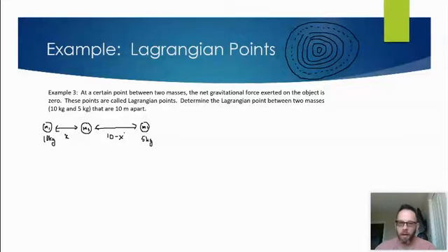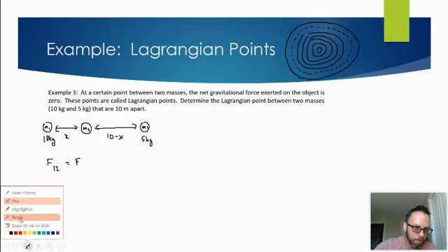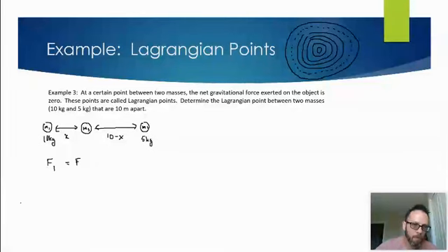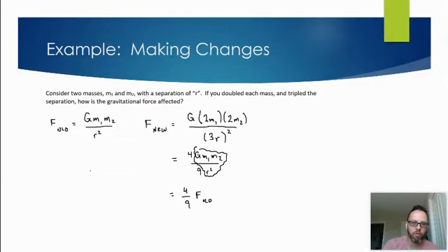The key is that at the Lagrangian point, the gravitational force of mass 1 on mass 3 is going to equal the gravitational force of mass 2 on mass 3. And I might mention too, Newton's law of gravitation here gives the magnitude of this gravitational force.